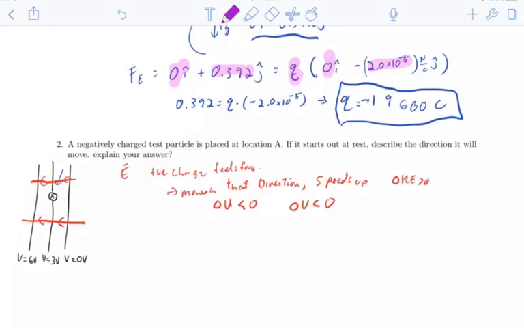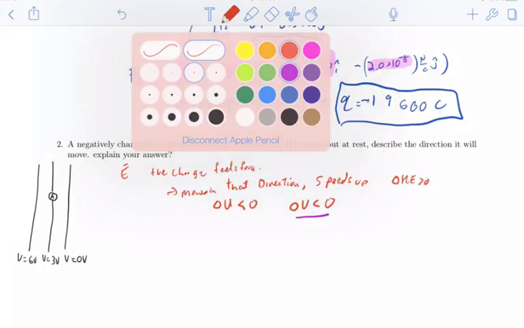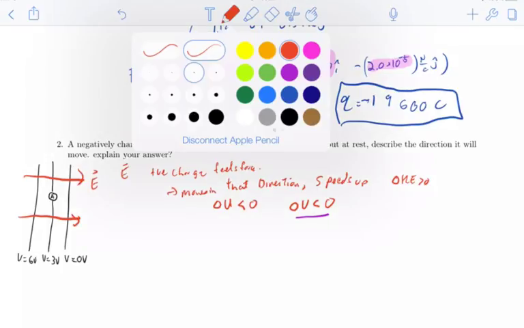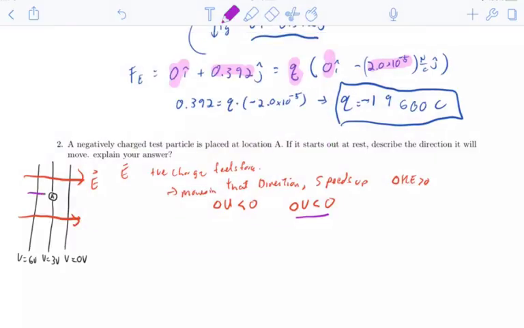Electric fields point in the direction of decreasing V. I have this backwards. Decreasing V is that way. So that's the direction of the electric field. And this is a negatively charged particle. Careful. So it feels a force in the opposite direction.